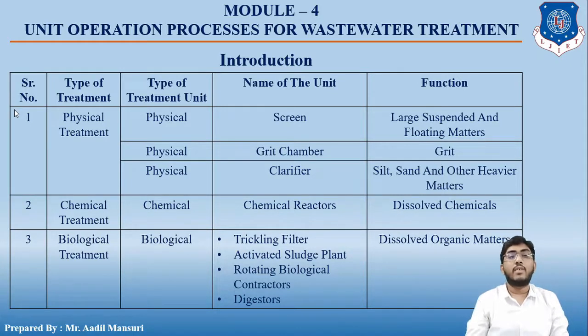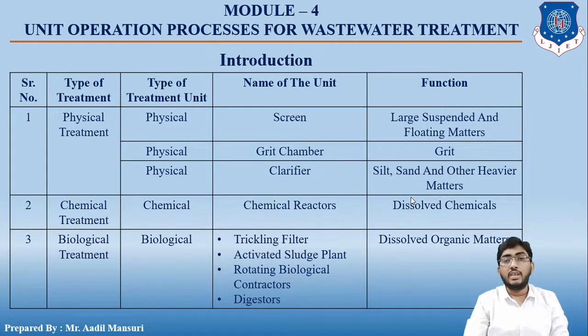Let us now have a look at the chemical treatment. You can see that the second is the chemical treatment, and the name of the unit is chemical reactors. The main function of the chemical reactors is to remove dissolved chemicals. Chemical treatment of wastewater is normally preferred when the wastewater discharge is very small, like that produced by industries, which contains only chemicals.